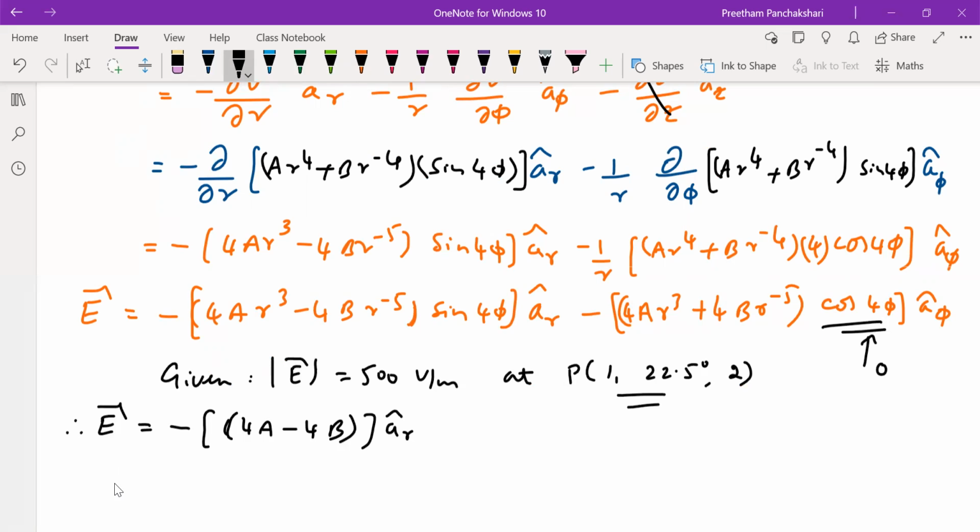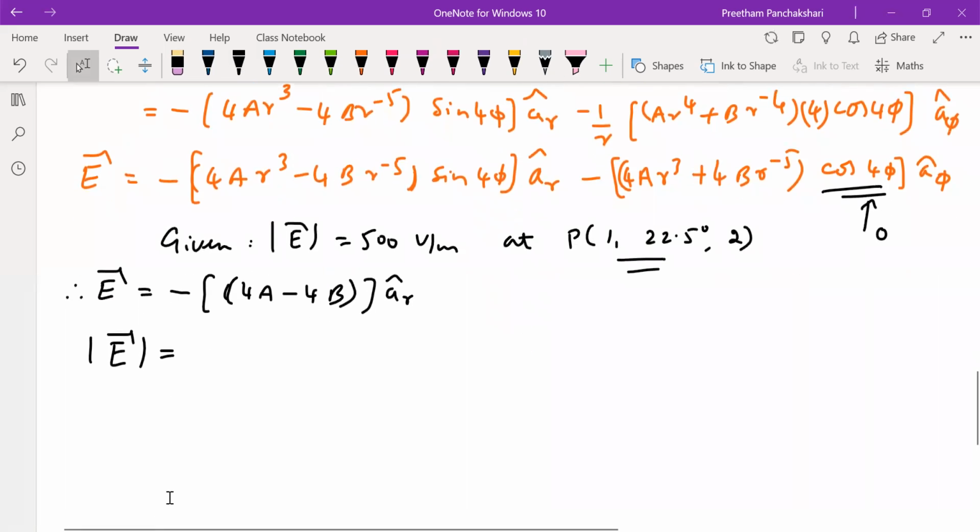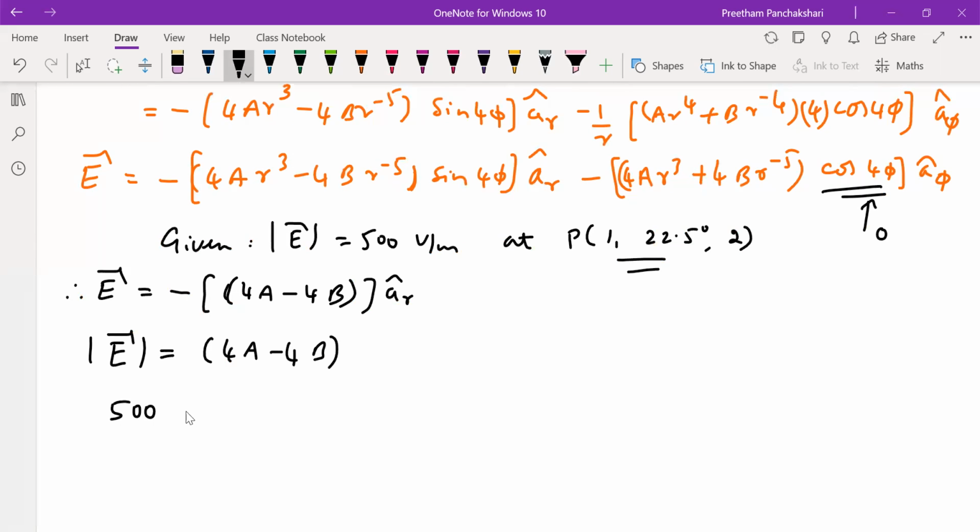Now I can take magnitude of this E to substitute the 500. So magnitude, if I take on the right side, minus becomes plus. We have 4A minus 4B, A cap R, magnitude of unit vector is 1. So now in place of E, I can write 500, 4A minus 4B. 4 is common factor.